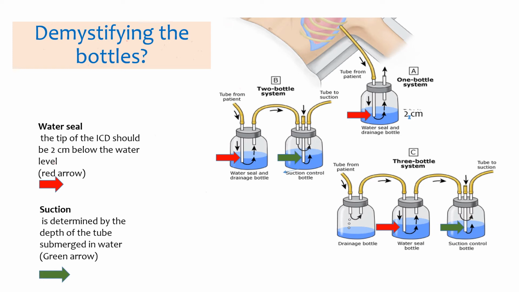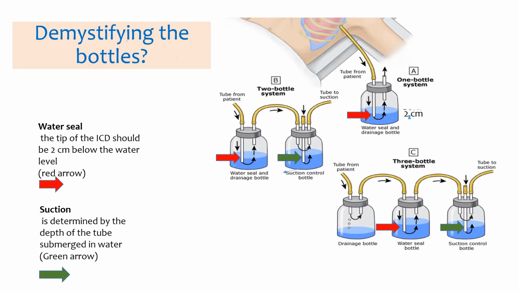This should be 2 centimeters below the water level, and it acts as a water seal and prevents the air from going back into the chest cavity. And the other is the vent to the atmosphere, the other tube which is opening outwards. So that is a simple drainage for pneumothorax, which is just draining air without any fluid.